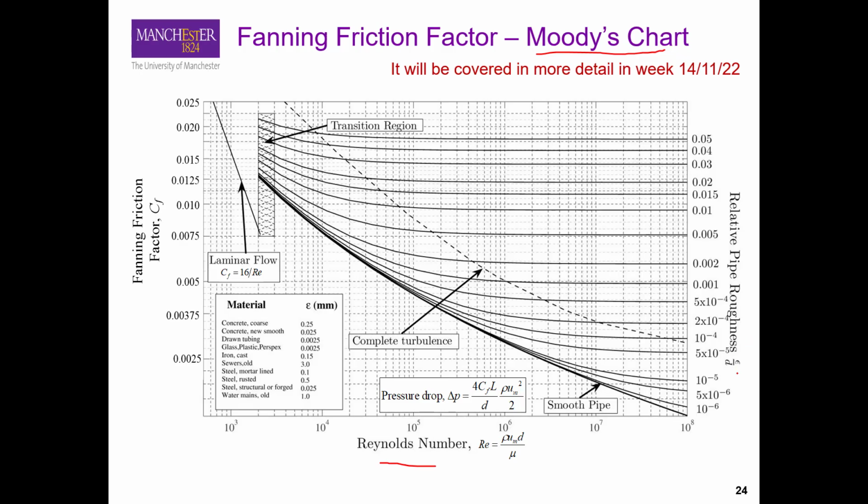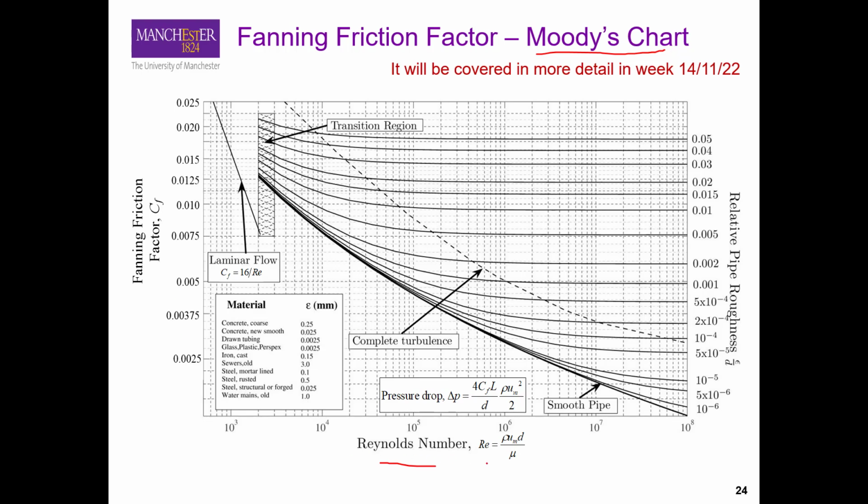Pipe roughness is a measure of how much viscosity effect you are going to have, because the rougher the pipe, the more effect you will have, for example, on the velocity profile from the wall.